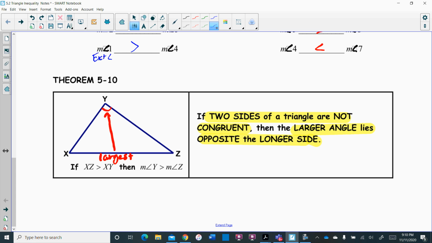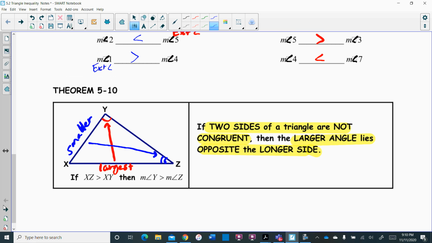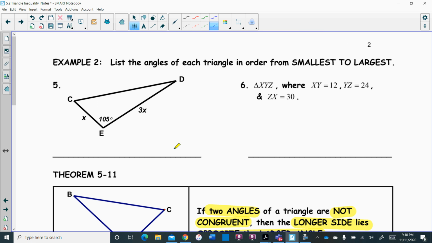And if I'm comparing it to XY, let's say XY is my smaller, and we know it's smaller than XZ, so again, if I look opposite, then that would be angle Z. So since I know XZ, the largest, is greater than the smaller, then I know that angle Y is going to be greater than angle Z. And so all we're going to do is use that relationship, finding the larger or the smallest, to help us order or identify the different parts and compare them.